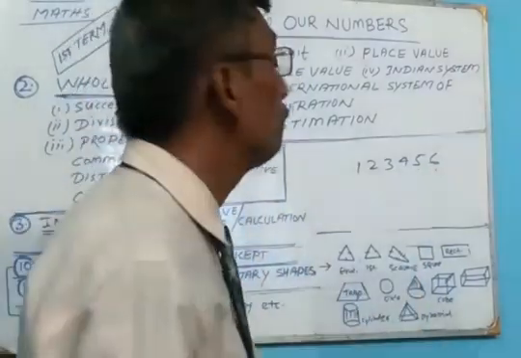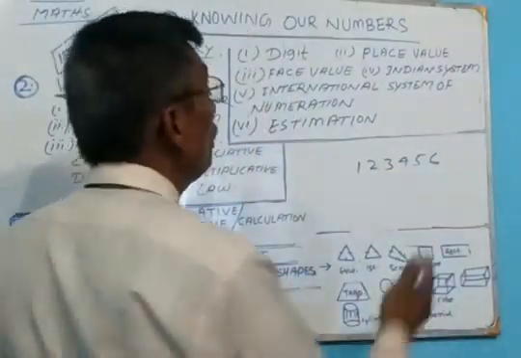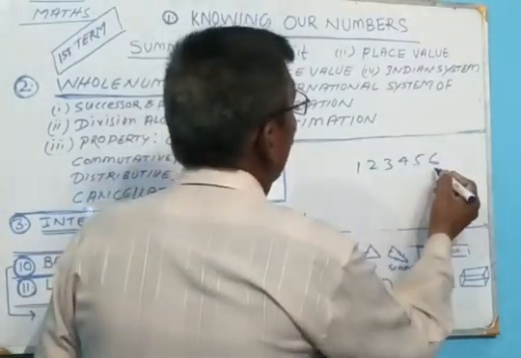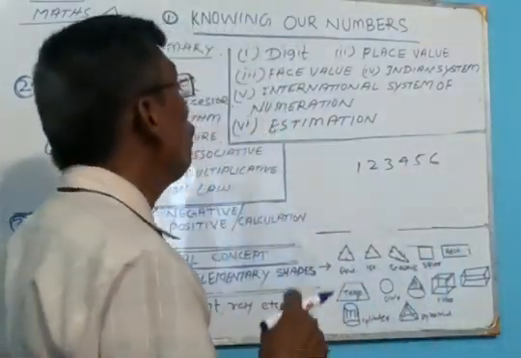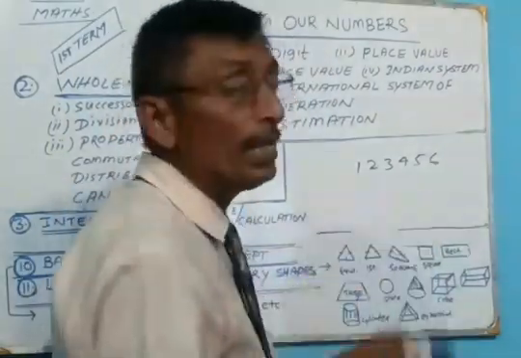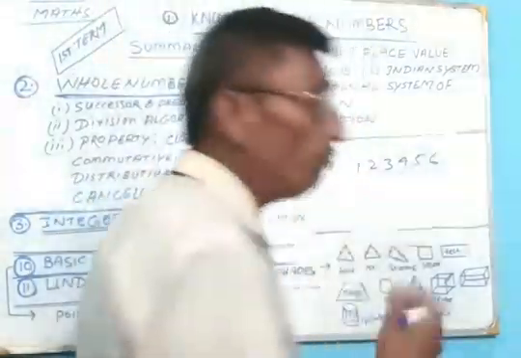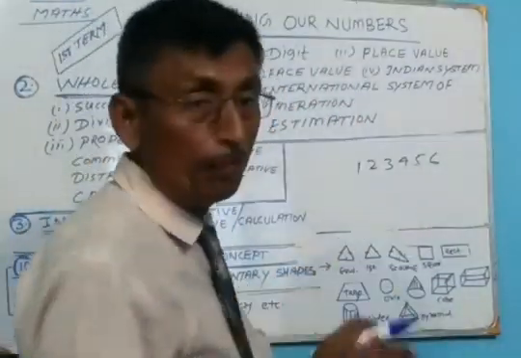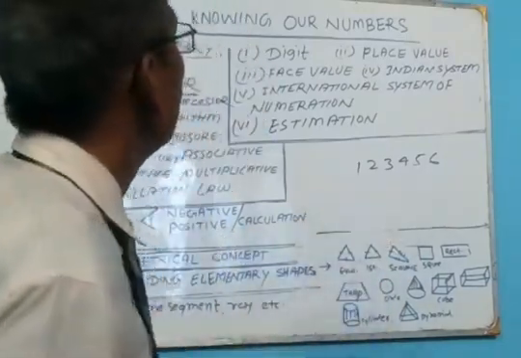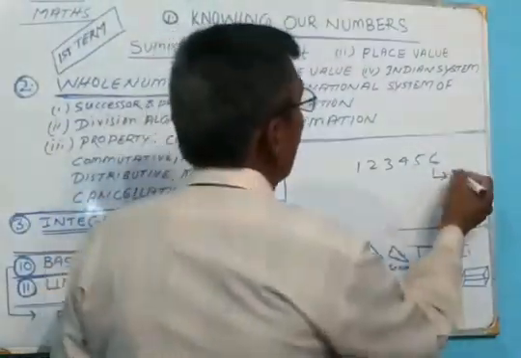What will be the value? If we have to estimate at the ones place, then if it is more than 5, if the value is more than 50%, we count the next number. But when the value of any number is less than 50%, we count it as the lower number value.